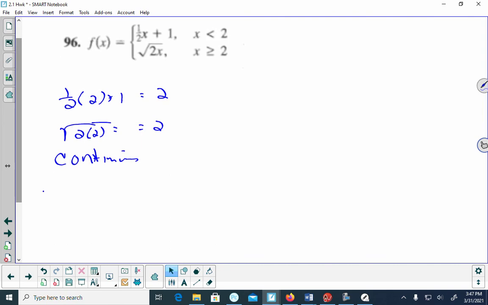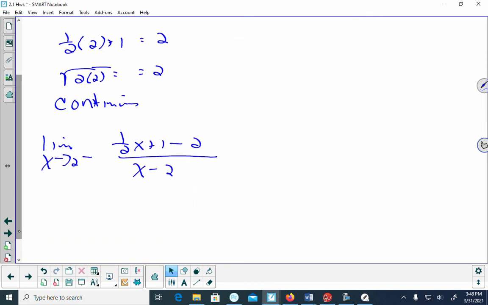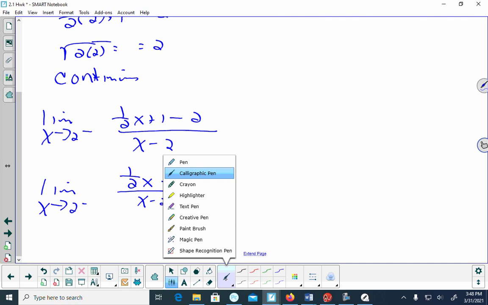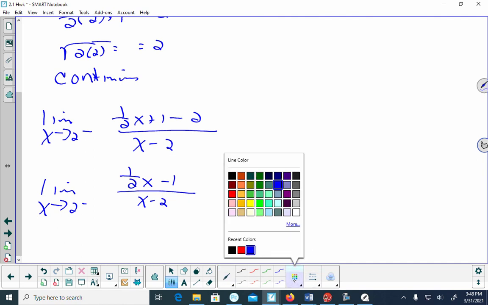So now I want to find the limit as x approaches 2 from the left, which means I'm using this formula here. So I'm going to do 1/2 x plus 1 minus 2, because that's what f of c is, all over x minus 2. So this ends up being 1/2 x minus 1 over x minus 2. So I thought, well, if I multiply this by 2, I don't know if you have to think this hard, but we'll think this hard for you.